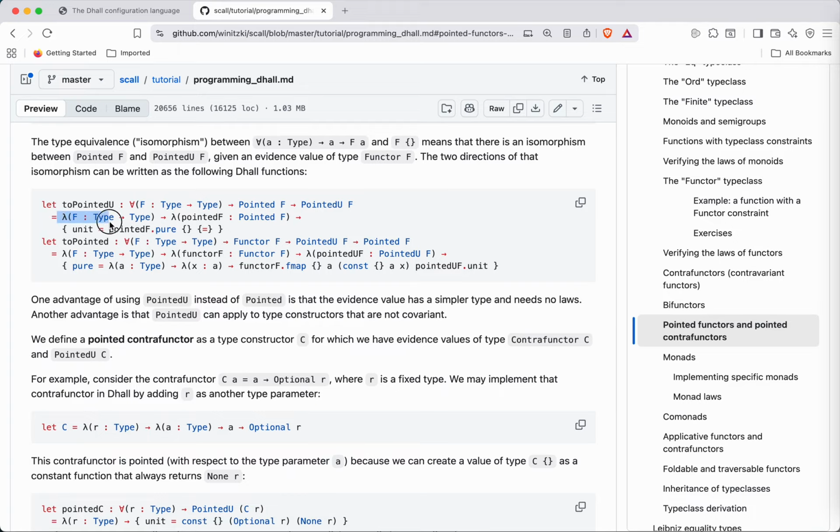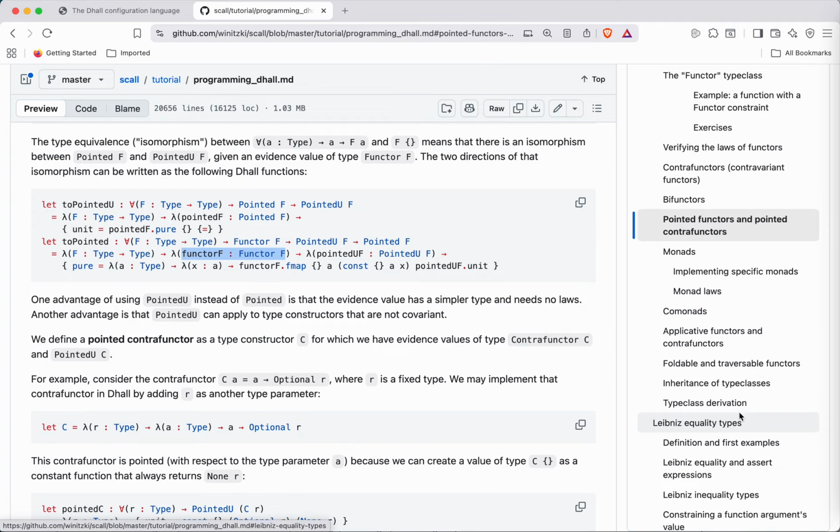So you need to say this is a type parameter which is itself a type constructor, functions from type to type, and this is an argument which is an evidence that this f is pointed, and this is an argument that is evidence that f is a functor. So type class evidence is passed explicitly as arguments to functions, and this is how you implement type classes.